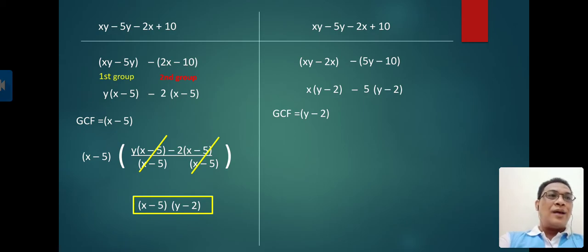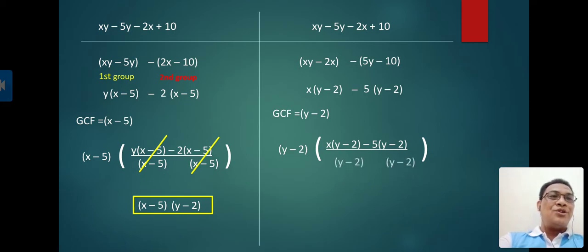Again, we have the factor form: y minus 2 multiplied by your derived polynomial, that will be x times the quantity y minus 2, minus 5 times the quantity y minus 2, divided by your GCF, y minus 2.